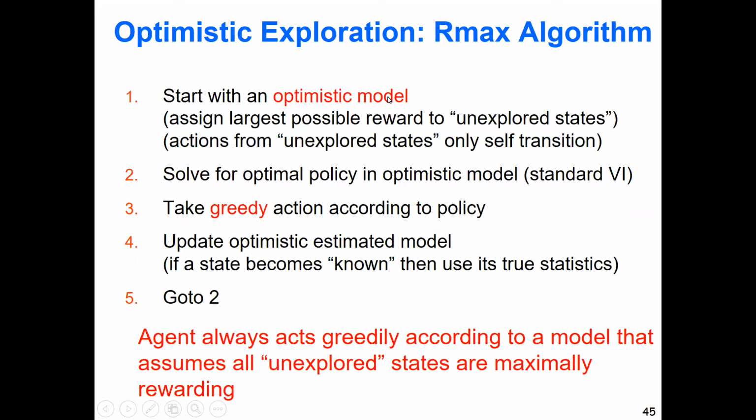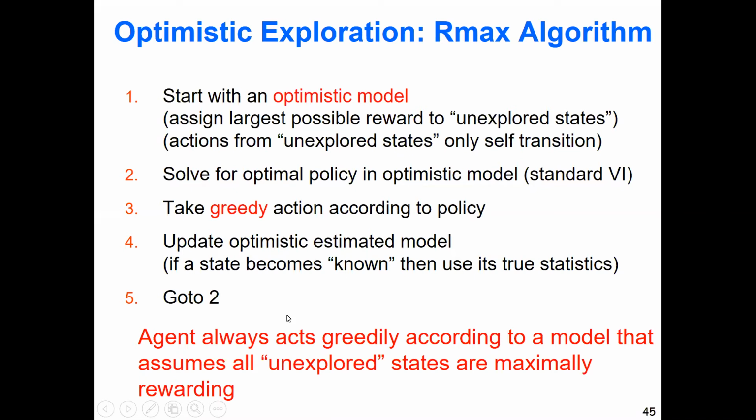This means you keep track of how much you've explored every state in the state space, and again, this is for tabular representations. Then if a state is not explored enough, you pretend in your model that it gets the maximum possible reward. Then you solve that optimistic model, follow the greedy policy for some amount of time, and then update the optimistic model.